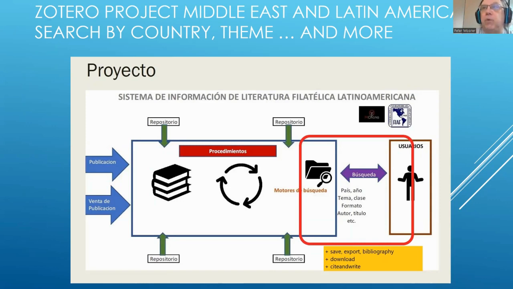I want to have more: that you are able to create a bibliography and save and export it, that you can download articles directly from within the project itself, and that you can cite and write. That if you are a member of my group, not if you are just accessing it, you can create articles on your own, and you can access all the information already in the database. You don't have to do it again.